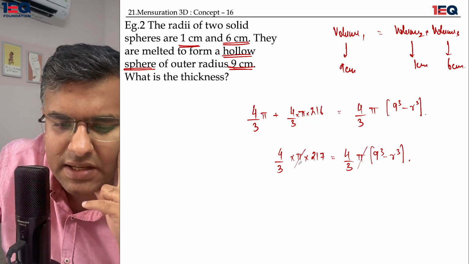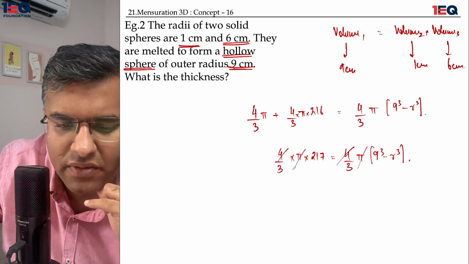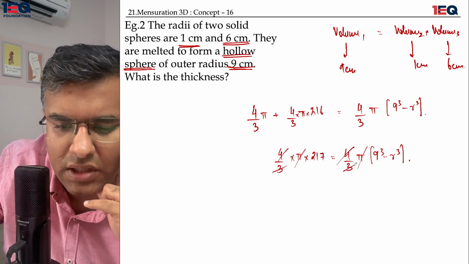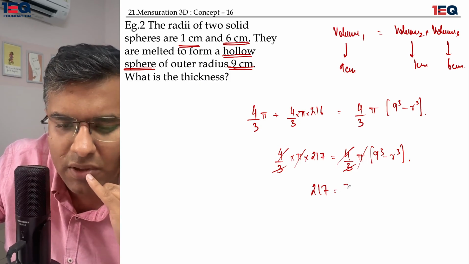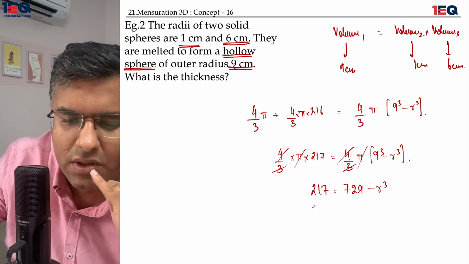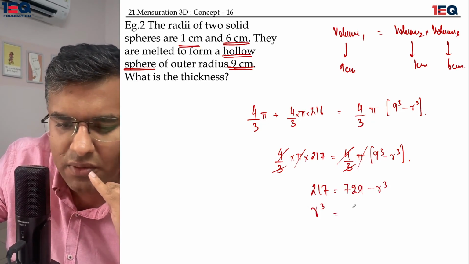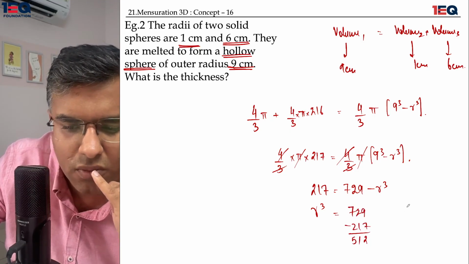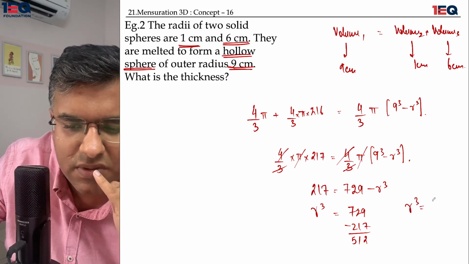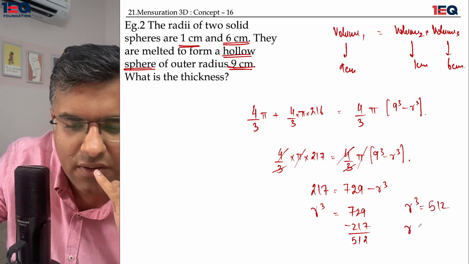The pi gets cancelled with pi, the 4 is gone with 4, the 3 is gone with 3. So 217 is equal to 9 cube, 9 cube is 729, minus r cube. So the value of small r cube is going to be 729 minus 217, which is 512. So the value of r cube is 512, and the value of r is going to come out as 8.